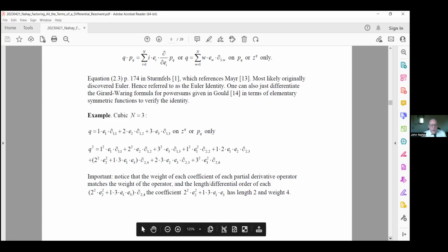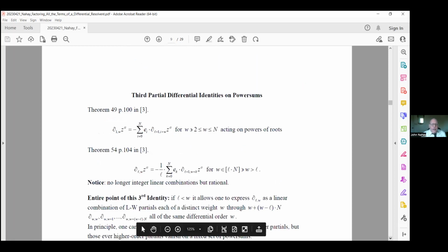All right. So the third partial identities, I don't really know, I proved them in my dissertation for myself. They may be out there elsewhere. Basically, it expands the partial derivatives of 1,W in terms of higher order partials, the LW partials, except when L is greater than or equal to 2, then you've got denominators.